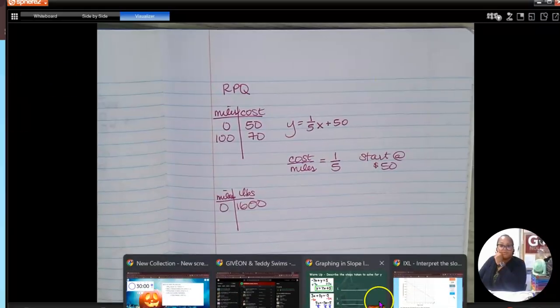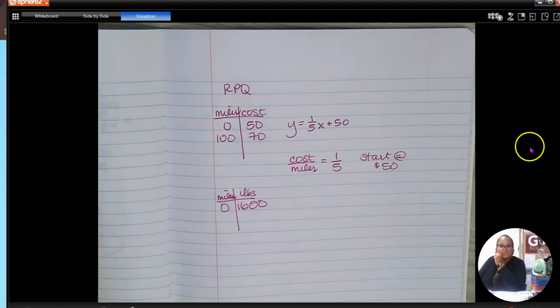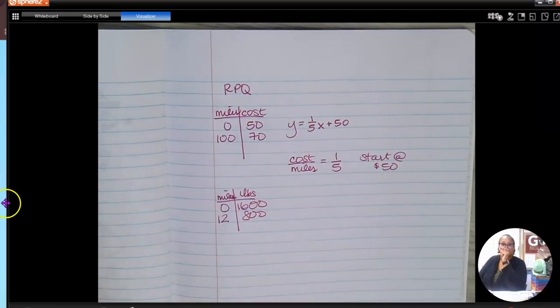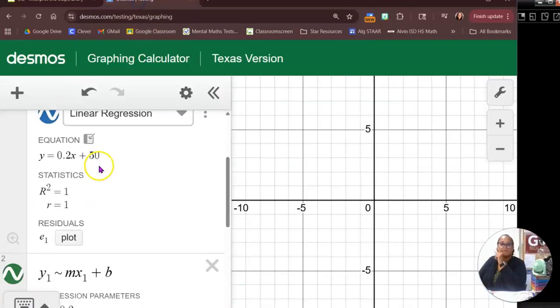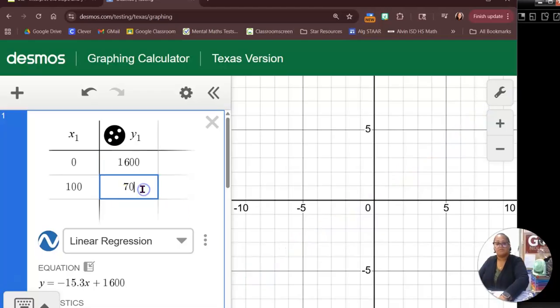Find another friendly point. This guy right here, 12 and 800. Come to Desmos. Keep your table. 0 and 1,600. 12 and 800.